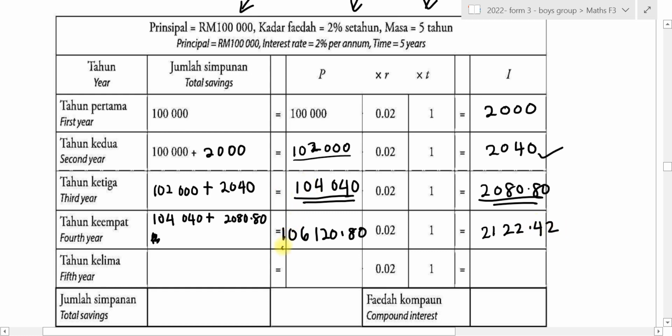Now take this amount and this interest for the fifth year. 106,120.80 plus 2,122.42.